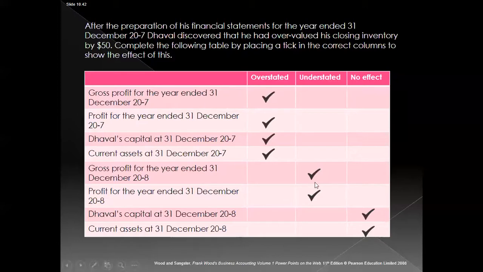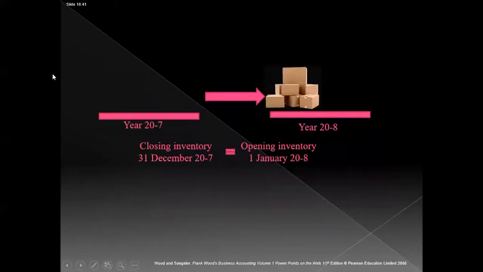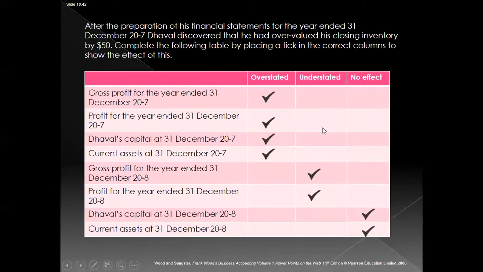Coming to year 20-8, why would the closing inventory value in 20-7 affect 20-8? Don't forget, the closing inventory of one year is the opening inventory of the next year. Opening inventory is part of the cost of sales to calculate gross profit.